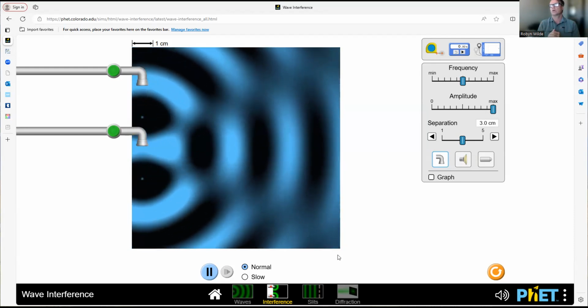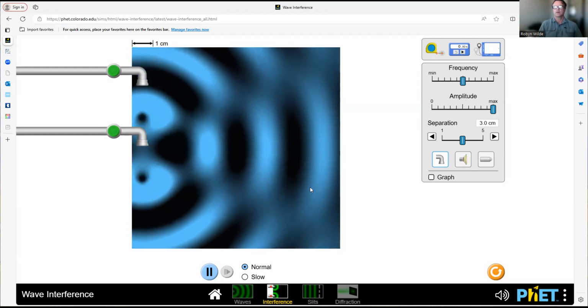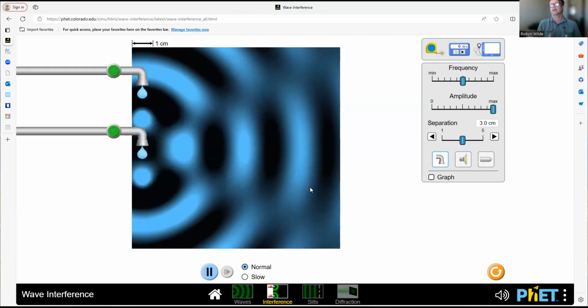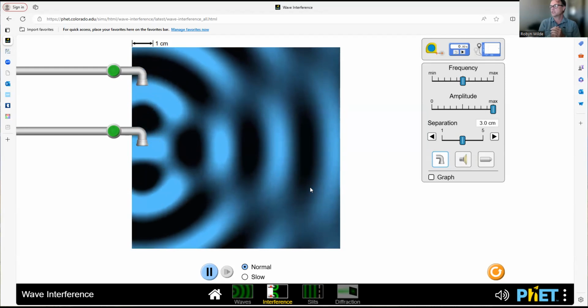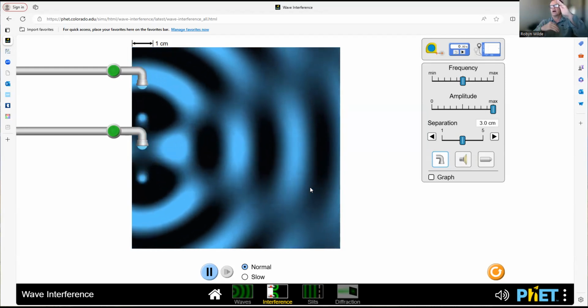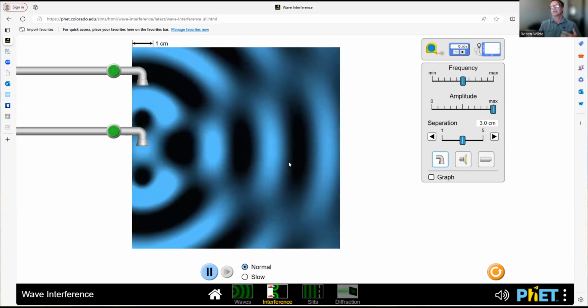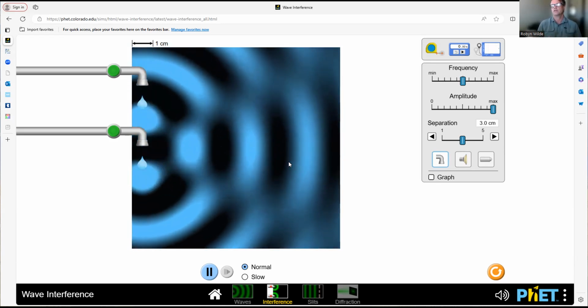This leads to what we call an interference pattern. The bright areas are places where the waves are adding together, which I call constructive interference. The dark points are places where they cancel each other out, going in opposite directions. I call that destructive interference.